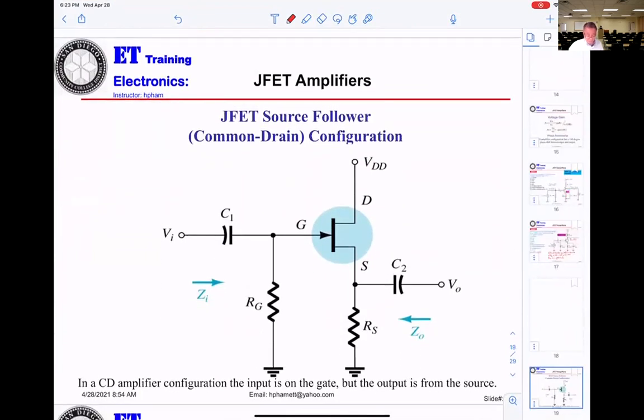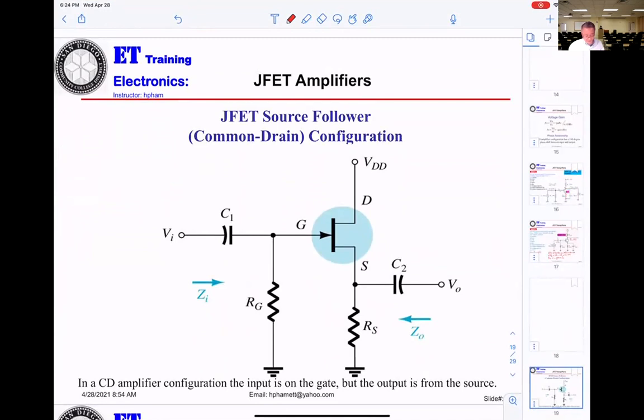Common source, common follower, common drain. Okay? Common drain gets another name, source follower. Even they say source follower amplifier or common drain will be the same thing.